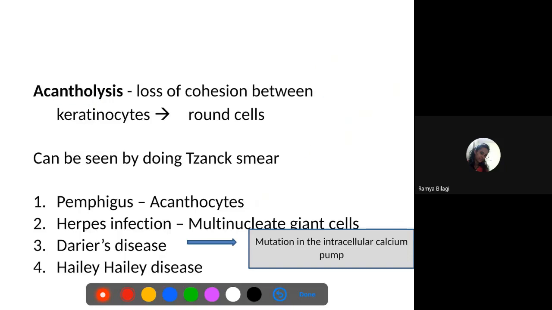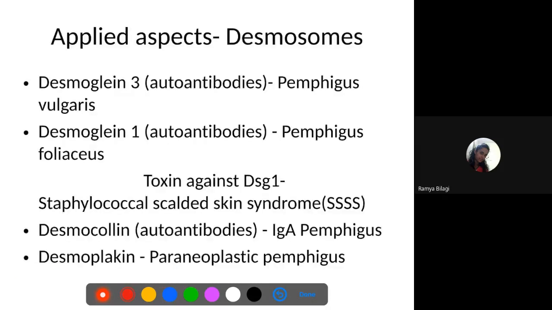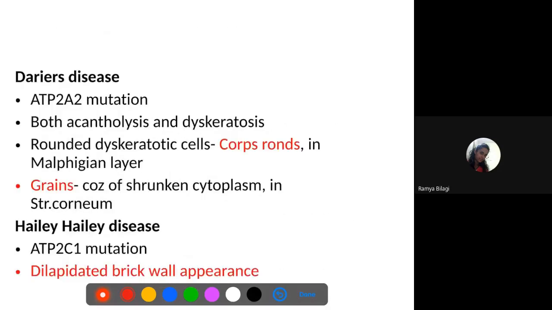Now, Darier's disease and Hailey-Hailey disease, what are these? These two are conditions with a calcium pump mutation.